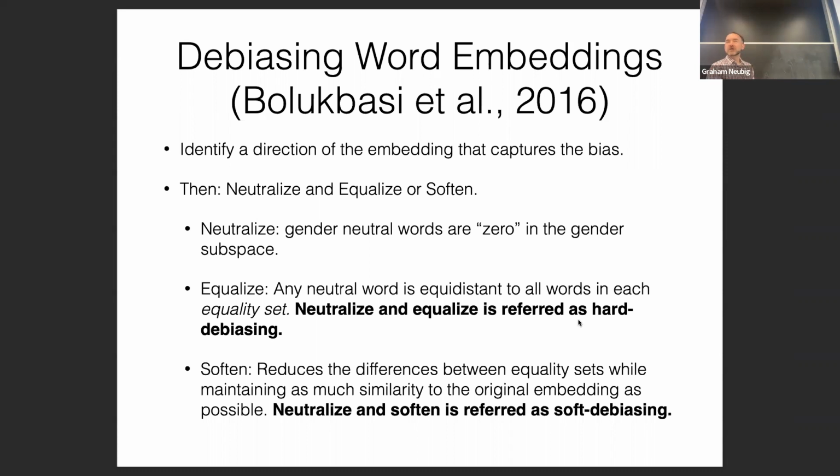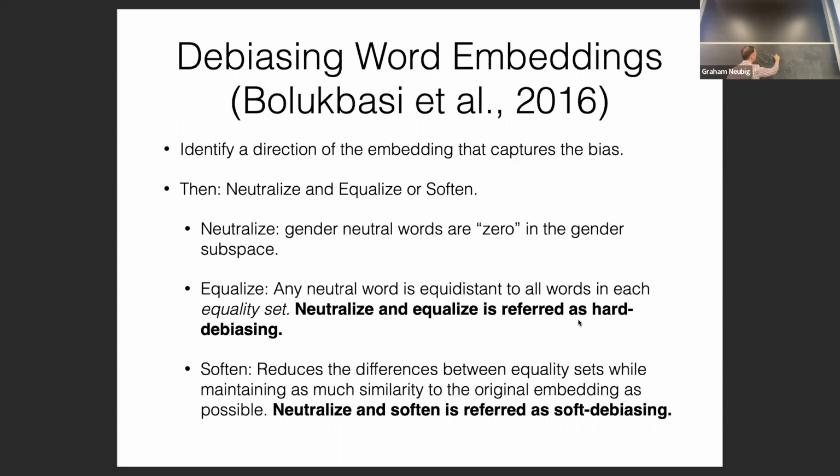Sorry, I thought I had a graph on the slides, but I might have skipped the slide that had the figure on it. But basically, there's a direction in which obviously gendered versions of words tend to follow.